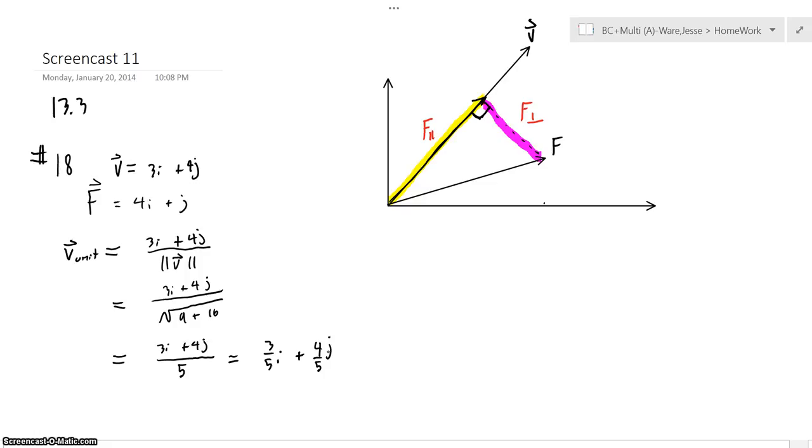From here we're going to put that away for now, and we're going to find the dot product between v and f, which will give us a scalar, and this scalar will be the magnitude of f parallel. So here we go.